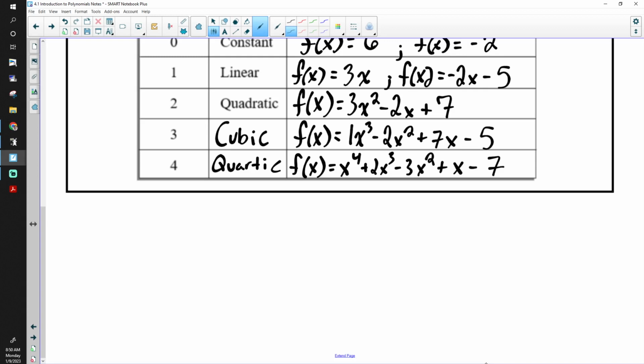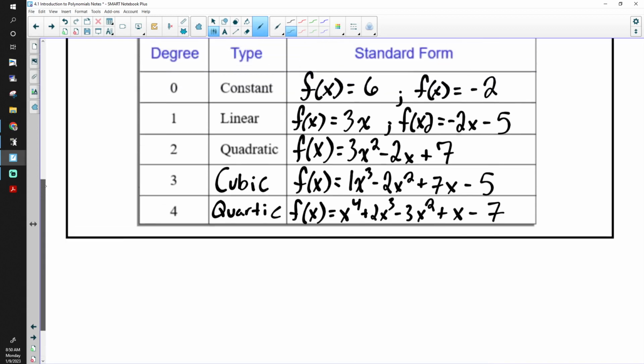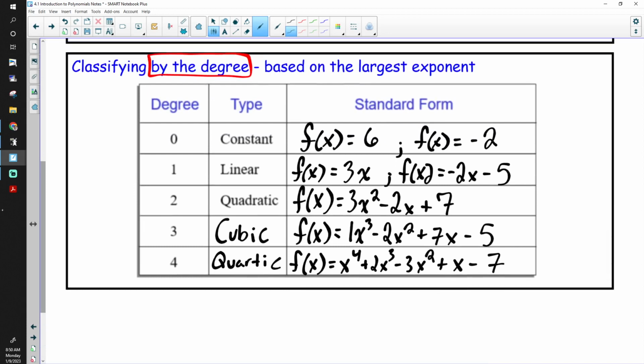So there are two ways to classify polynomials. We just classified by degree, by the largest exponent. Again, this all comes from the exponent. The constant didn't have one. Linear, even though there isn't an exponent written down, there's really a 1. It's just invisible. The quadratic had an exponent of 2.